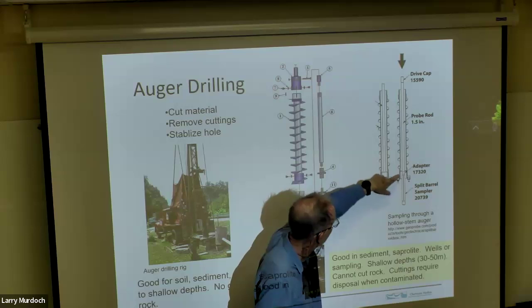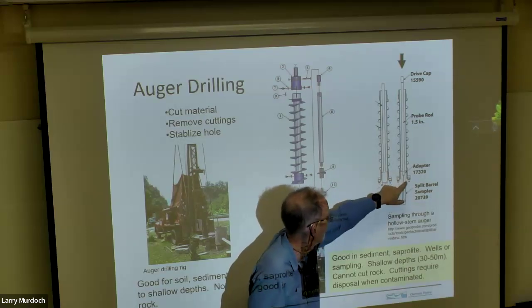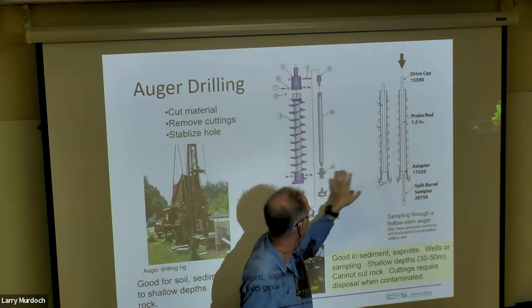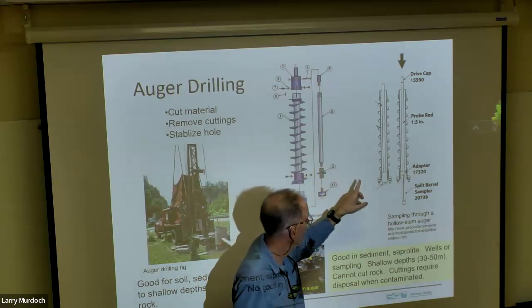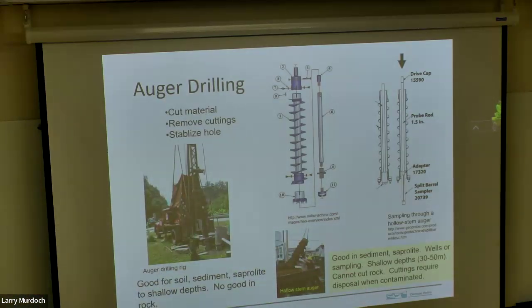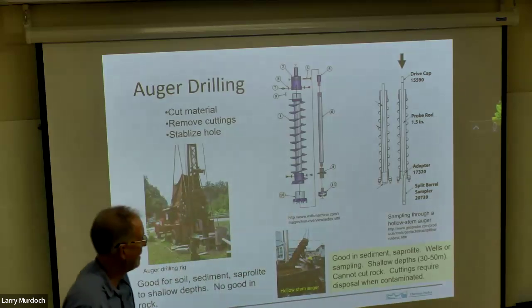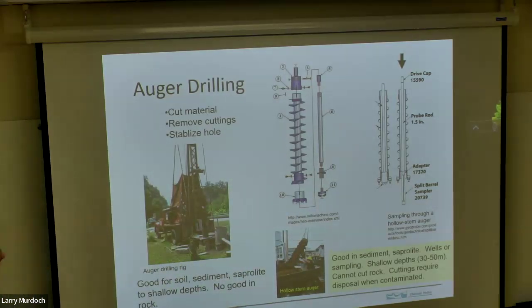Here's an example of how that would work. This is a sampler that's going down below the bottom of this. This is called a hollow stem auger. And this is also very widely used for geotechnical investigations, for environmental investigations. It's limited in the material that it can go through, and somewhat limited in the depth.